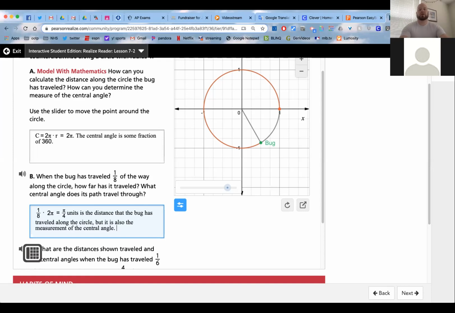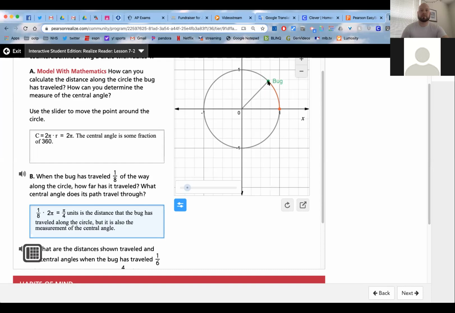But if it's traveled 1/8 of the way around the circle, let's move the bug back. So this would be right here. That would be 1/4, because that's 1/4 of the circle. So 1/8 is half of 1/4. So let's cut this quarter of the circle in half.